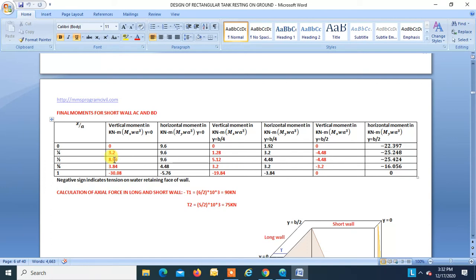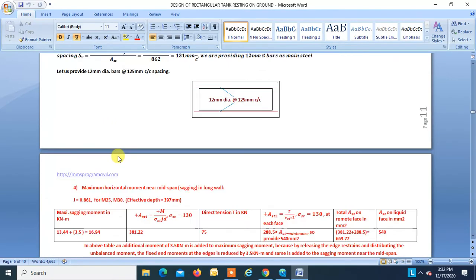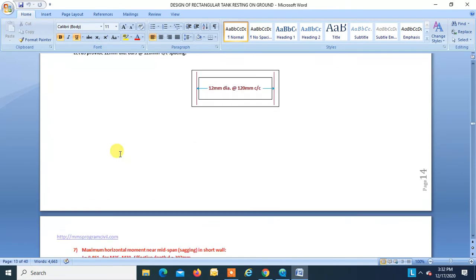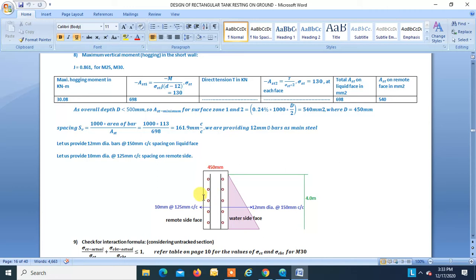If this steel required is found to be greater than this minimum, greater than 540, then you will have to provide that steel. But in our case, the steel required for the maximum positive moment, which creates tension on the outer face, is found to be less than 540, so I am providing 540 over here.